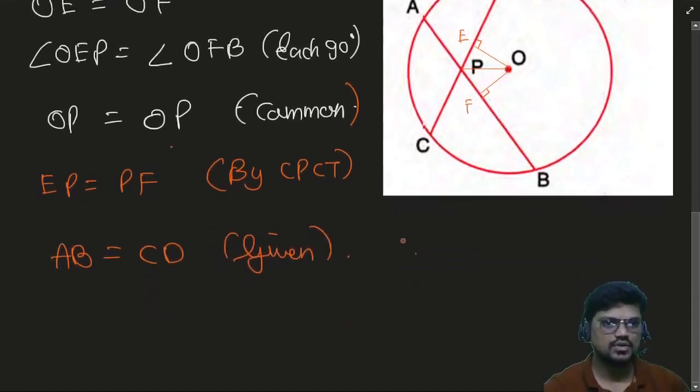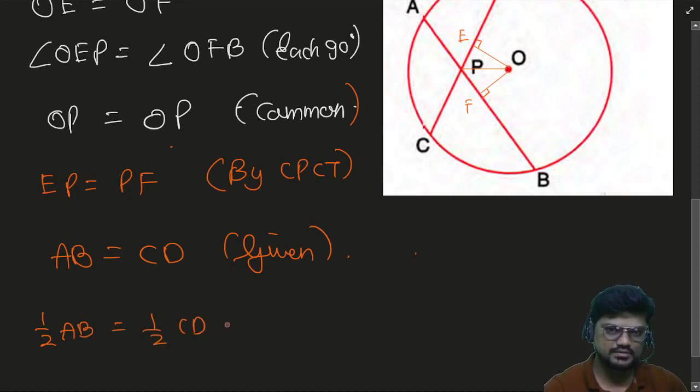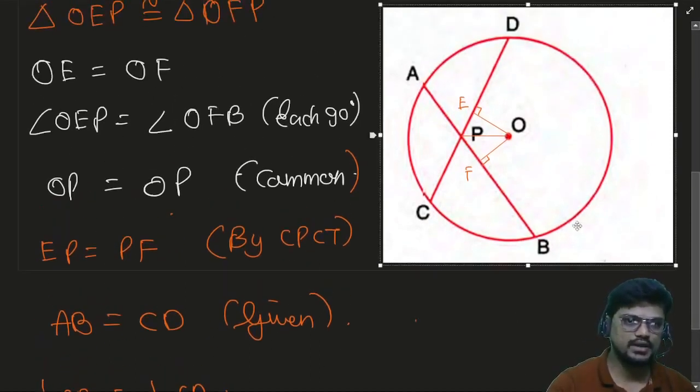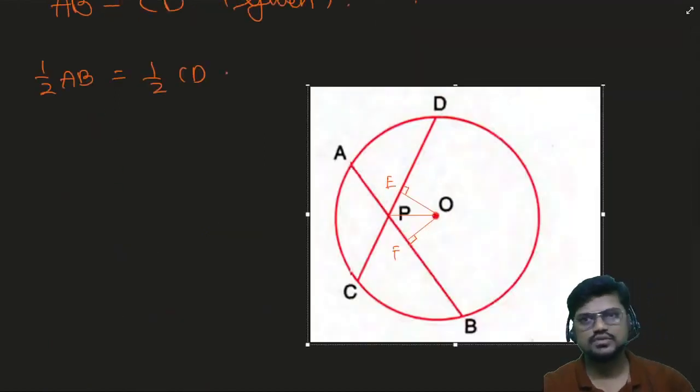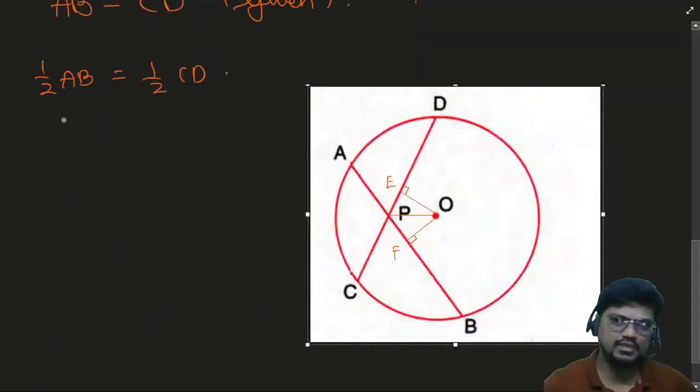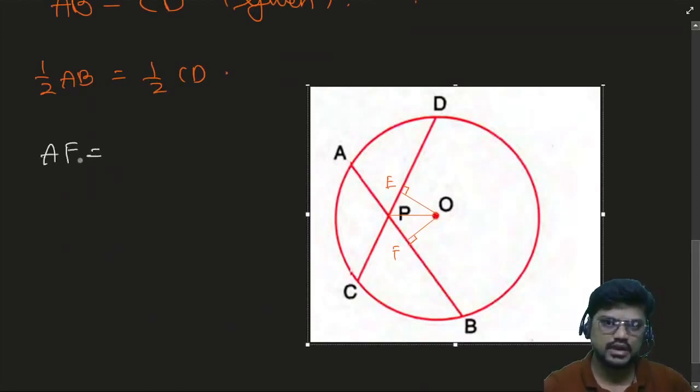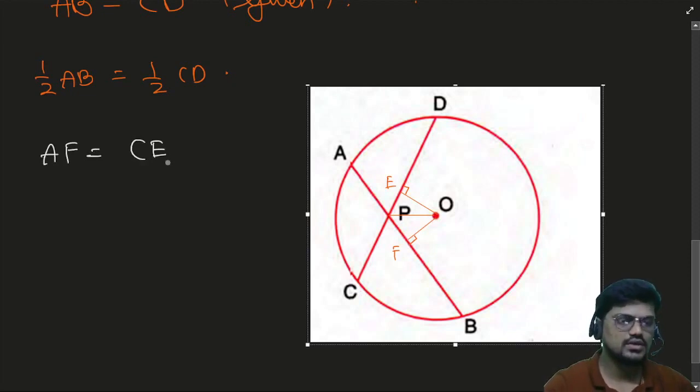From this, if I take half on both sides, half of AB will be equal to half of CD. So half of AB will be AF and half of CD will be CE.